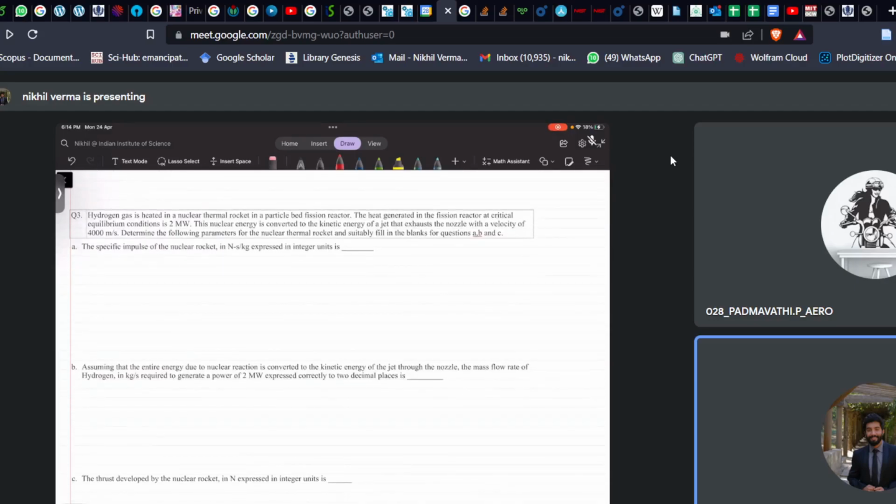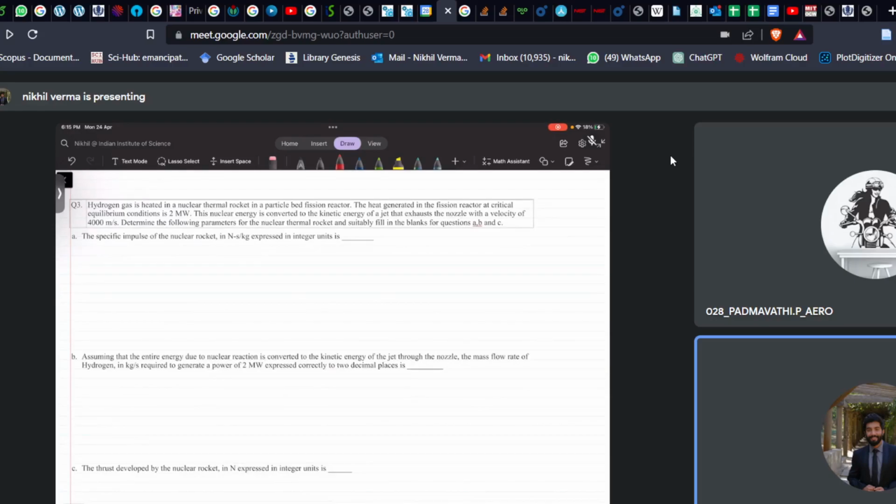So we have a nuclear thermal rocket. The energy that is generated by the nuclear fission reaction is used to heat the hydrogen. In a nuclear rocket engine we have a CD nozzle, and inside this we have the uranium rods.